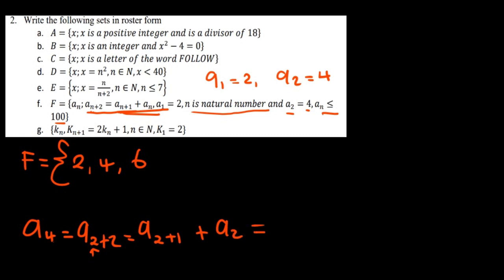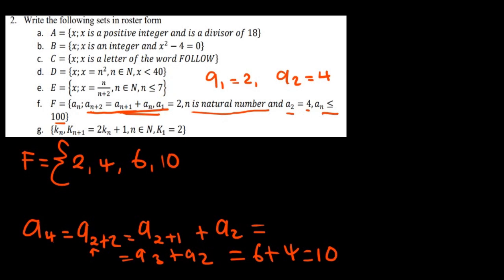So we see that this here is going to be A3 plus A2. A3 we found was 6, plus A2, which was just 4. So this is going to give us 10. So we're going to put 10 there.